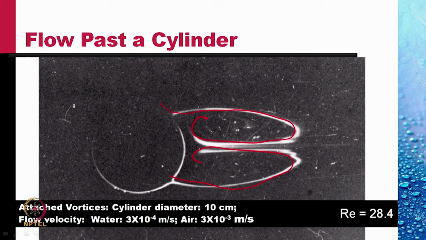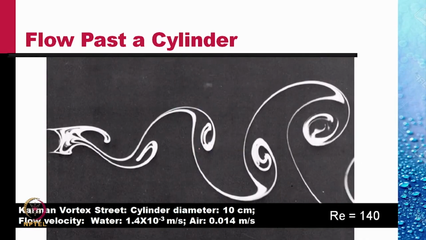As the flow speed increases further, a beautiful picture emerges. These vortices that were attached in the previous picture now are shed from the cylinder one at a time.